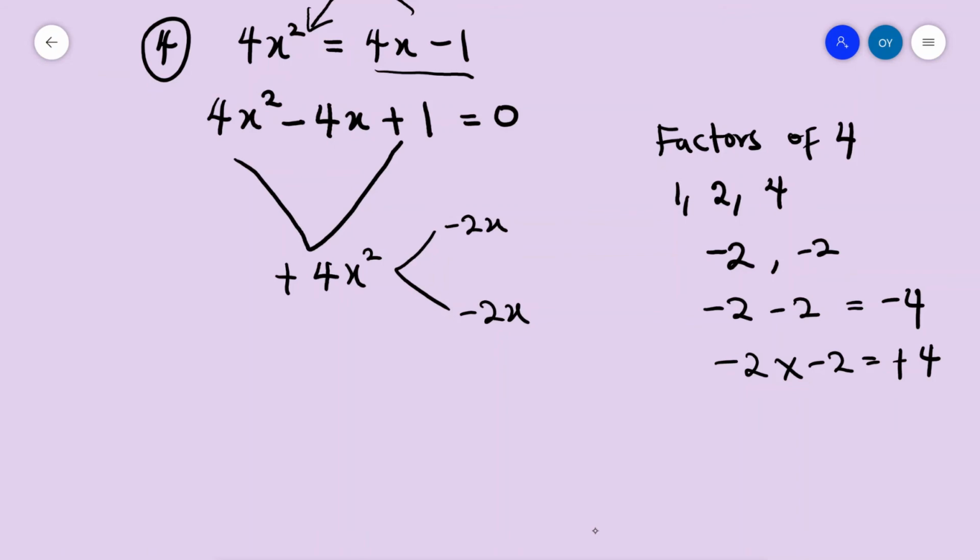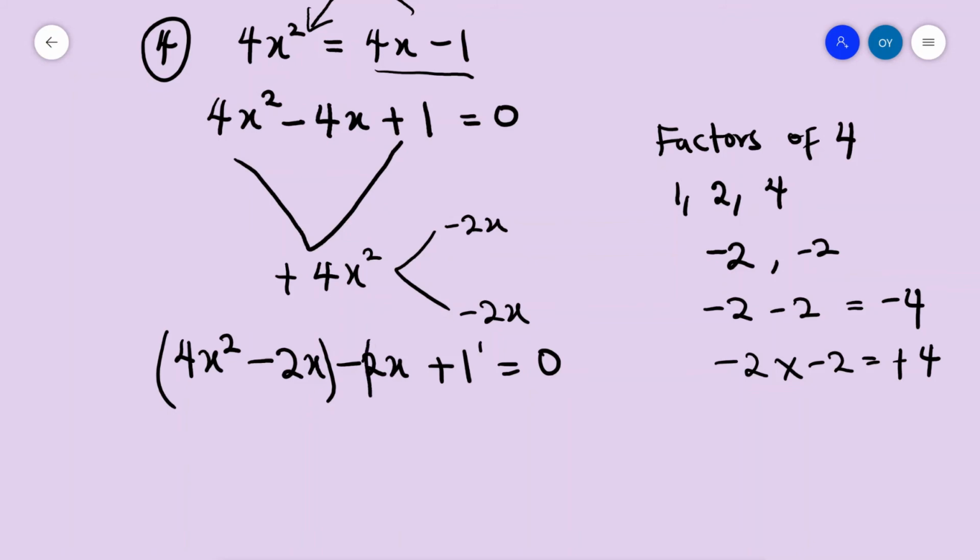We have 4x squared, negative 2x plus 1 equals 0. Now we group. What's common between 4x squared and negative 2x? That would be 2x.